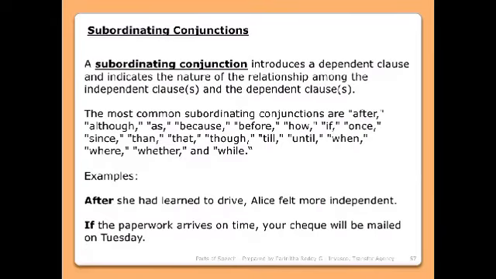There are some subordinating conjunctions. A subordinating conjunction introduces a dependent clause and indicates the nature of the relationship among the independent clauses and the dependent clauses. The most common subordinating conjunctions are after, although, as, because, before, how, if, once, etc. I will share the notes with you.